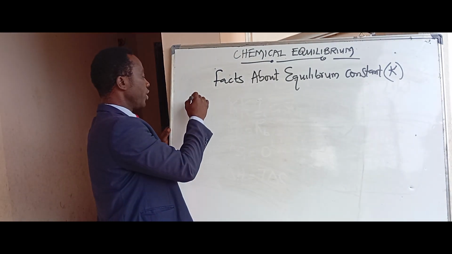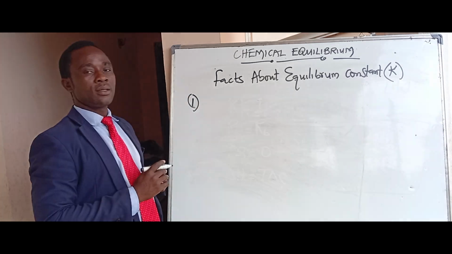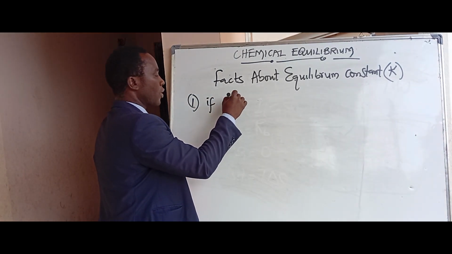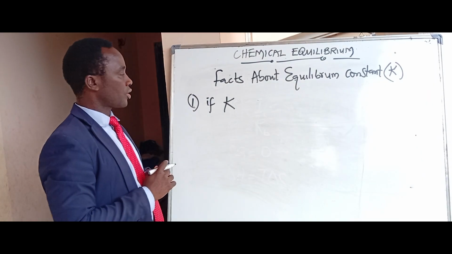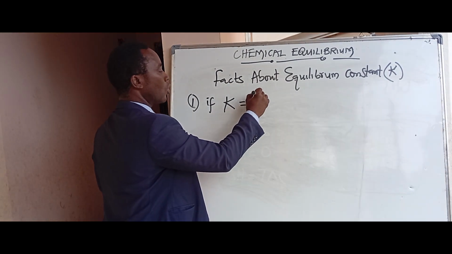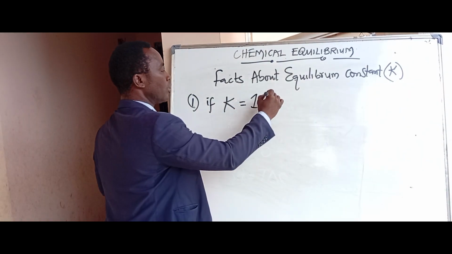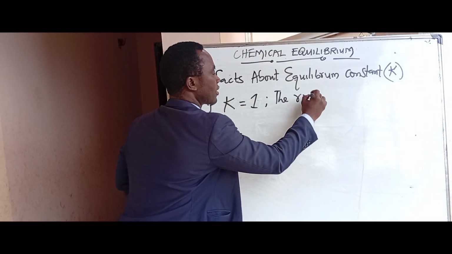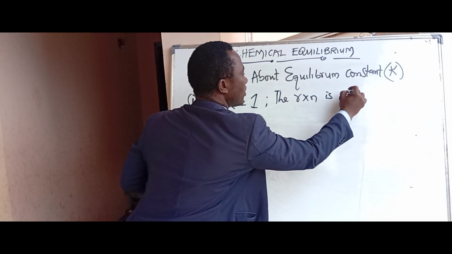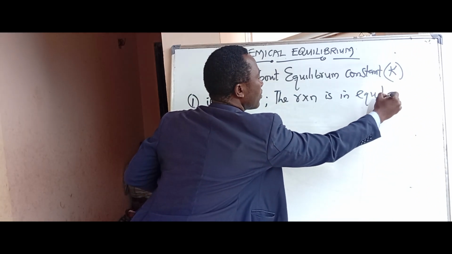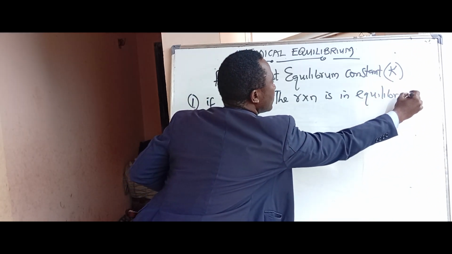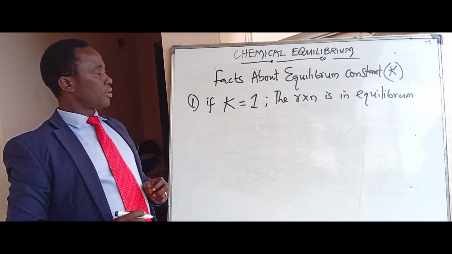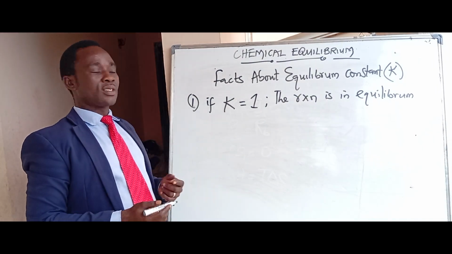One thing we know about the equilibrium constant is that if the equilibrium constant of a reaction is equal to 1, the reaction is in equilibrium.